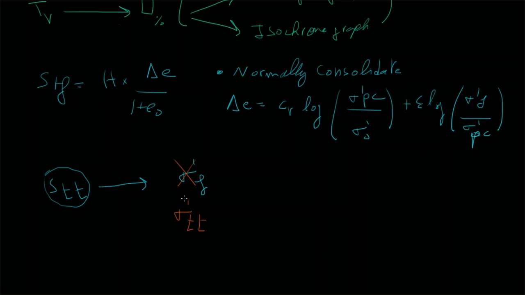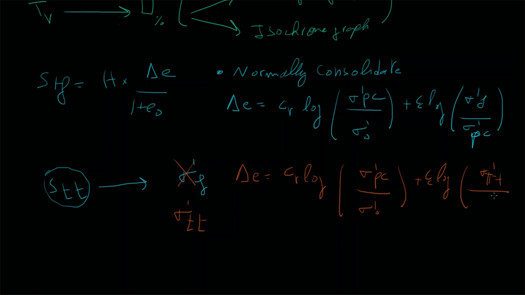So now I can substitute in this equation and say instead of sigma dash final, I say sigma dash TT. The same equation. So the question becomes, what's sigma dash TT?